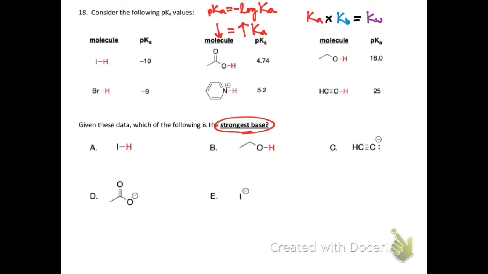So the implication here is that the weaker the acid, the stronger the conjugate base, and vice versa. So essentially, we're looking for the conjugate base of the weakest acid. Because the weaker the acid, the stronger the conjugate base.